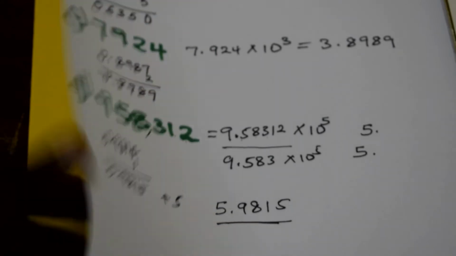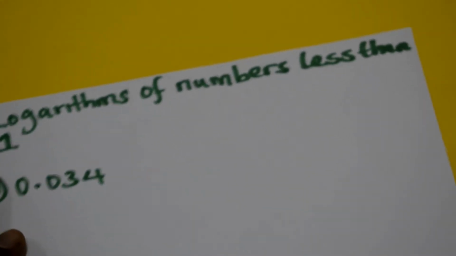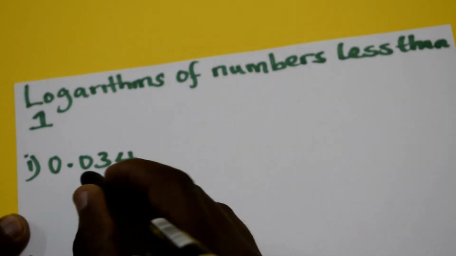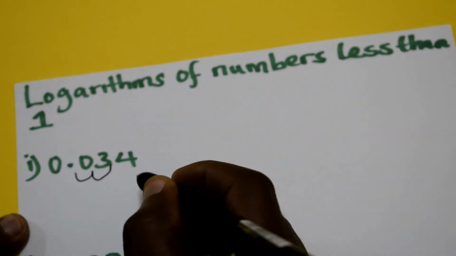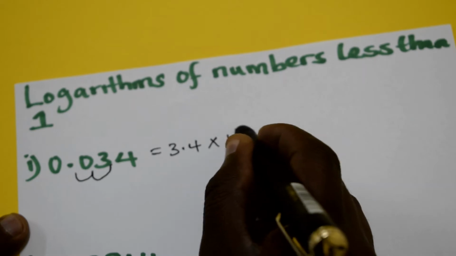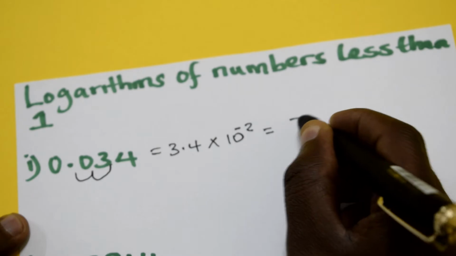So what do we do with the numbers which are less than 1? For example, 0.034. We write this in standard form, moving the decimal 1, 2 places. So this number will be 3.4 times 10 power negative 2. In logs, we write this one as bar 2.